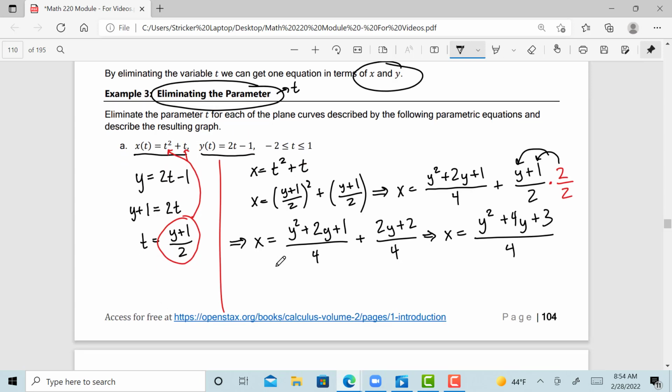Okay. And then we can go ahead and split up this fraction. So we get x equals 1/4 y squared, or y squared over 4, plus 4y over 4. Just so it's not confusing, let's go ahead and write this in 2 steps.